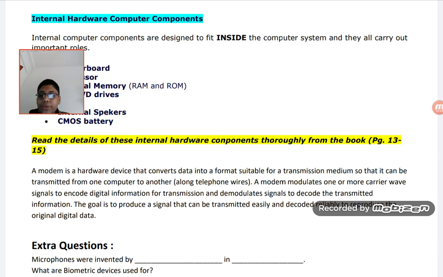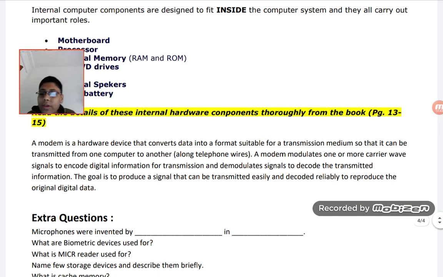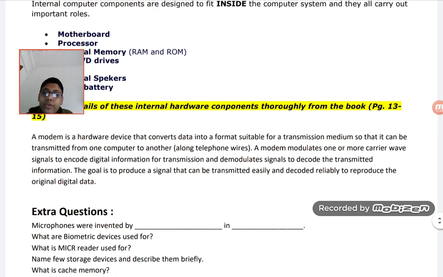The goal is to produce a signal that can be transmitted easily and decoded reliably to reproduce the original digital data. Okay, you might be thinking, what is the formula of modem? The formula of modem is modulate, demodulate.